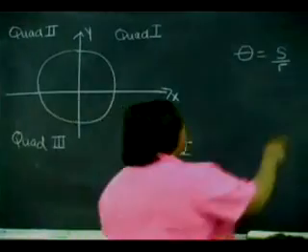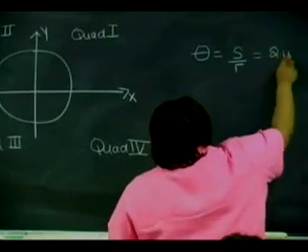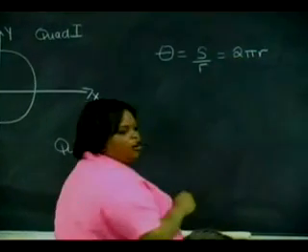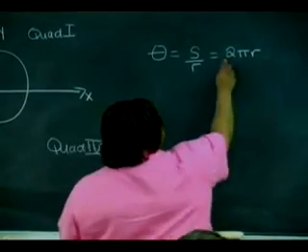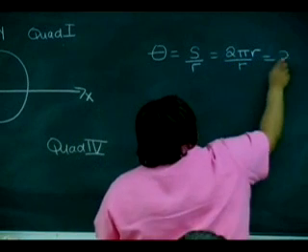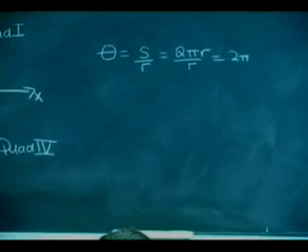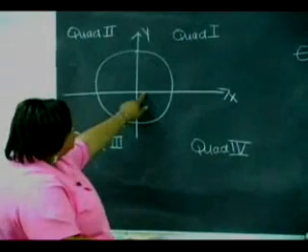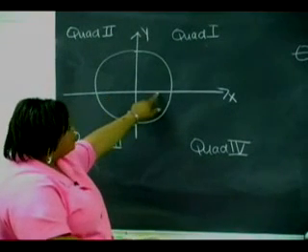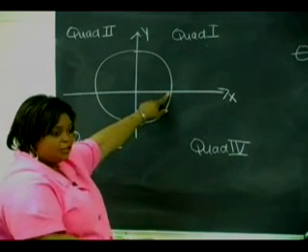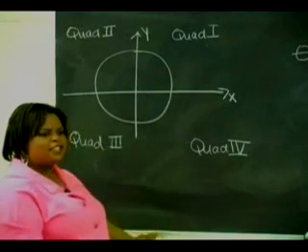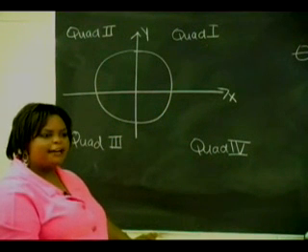And the circumference of a circle is 2 pi r, all over this r, which means that if we're dealing with this full circle, if we go from this initial side all the way back to this terminal side, then that represents 2 pi radians.